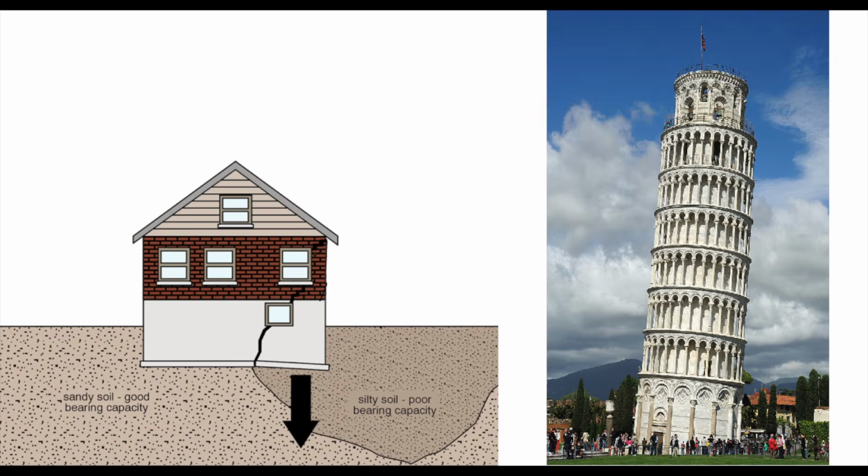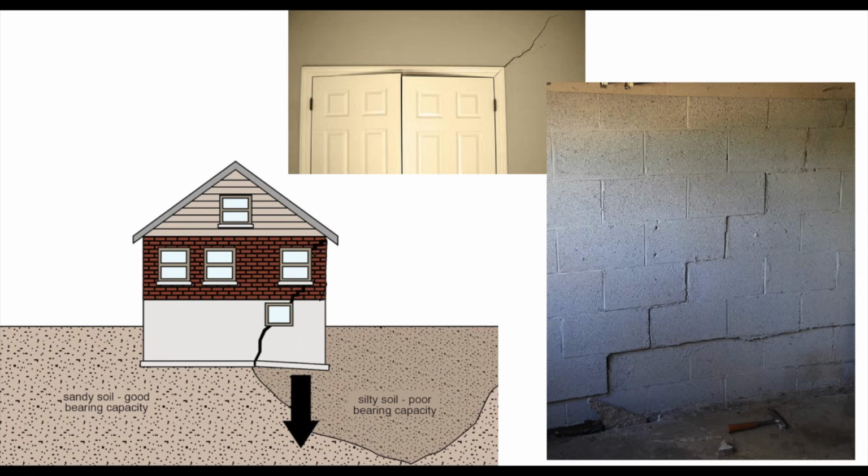So probably you have seen some cracks on the walls, and that is possibly because part of the structure is moving down while other parts are staying there, and that unbalanced deformation is causing internal forces. So this is kind of simulating that.